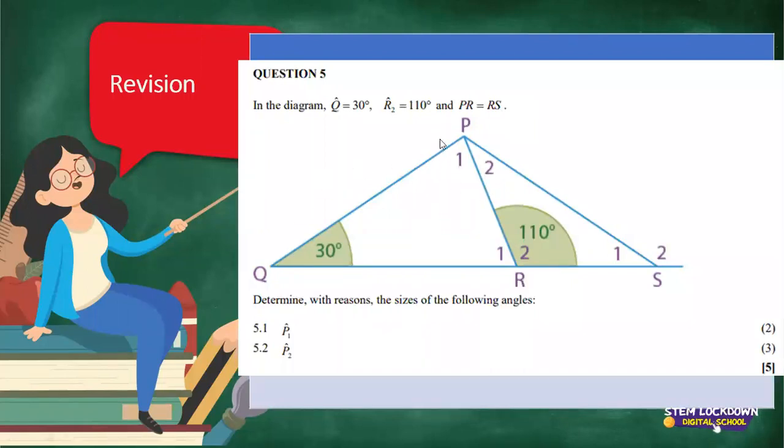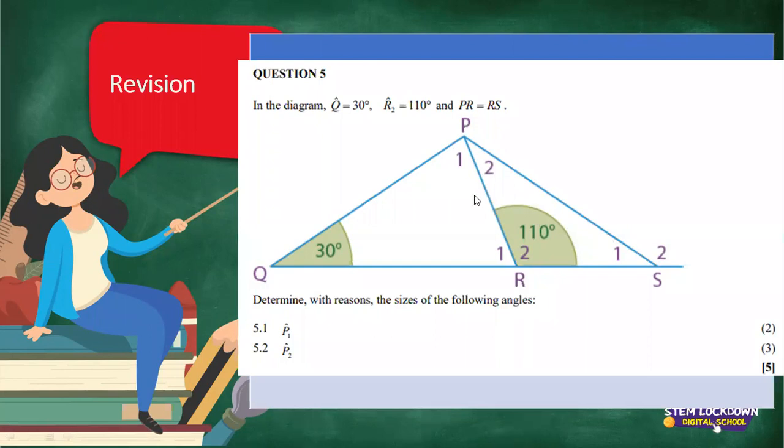If PR equals RS, then this is an isosceles triangle. That's the theorem regarding isosceles triangles: angles opposite equal sides are equal.